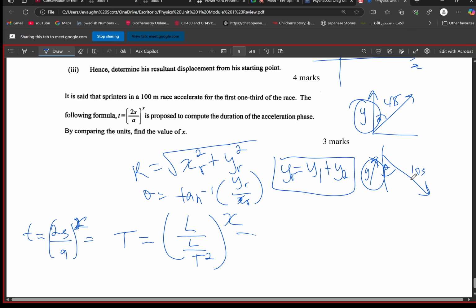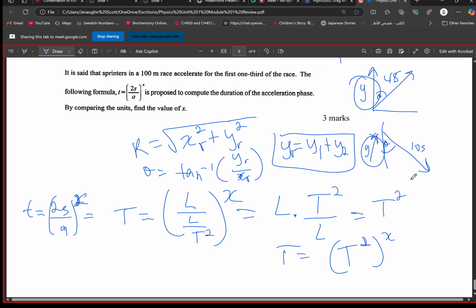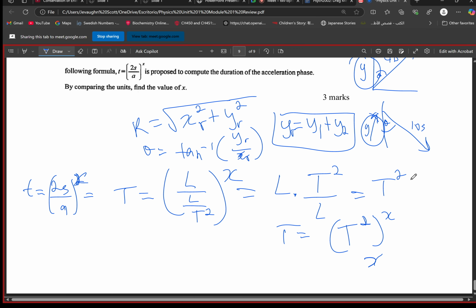We could simplify this fraction to L times t squared over L, which is equal to t squared. Therefore, t is equal to t squared to the power of x. The only way that is possible is for x to equal a half.